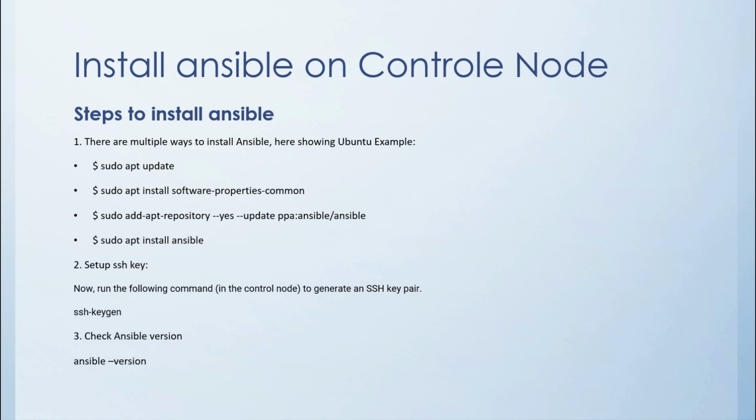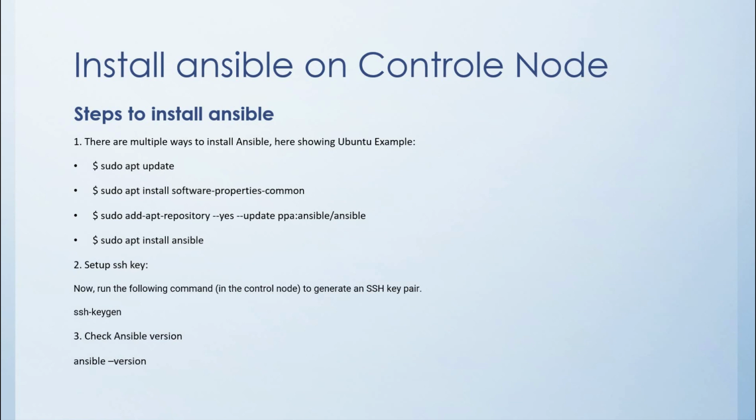Your control node public key should be present in the SSH keys of the managed nodes. The user should be created, and in the authorized keys of the managed node, the public key of the control node should be present. Then you can run the command ansible --version to check the Ansible version.